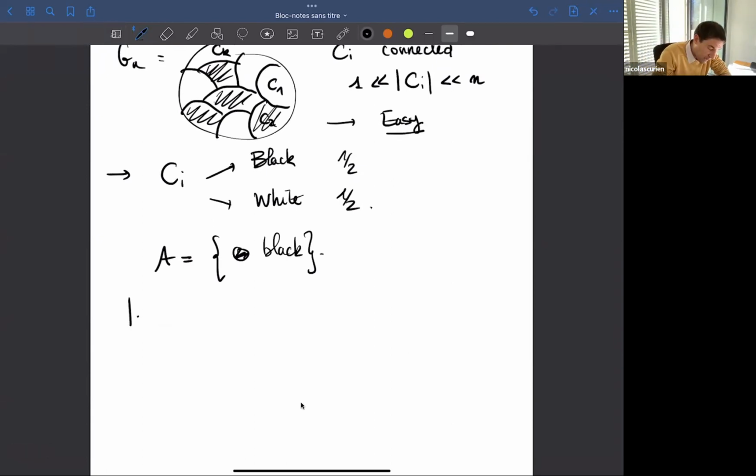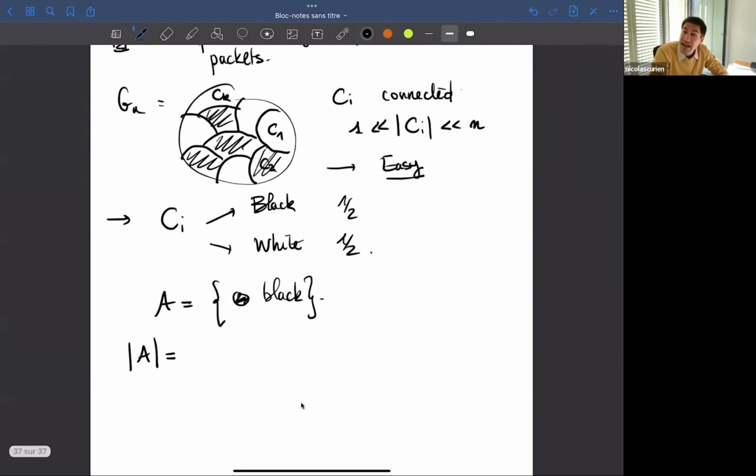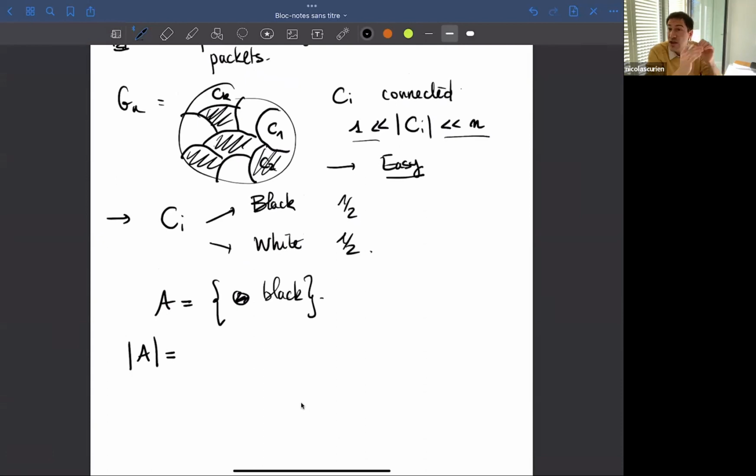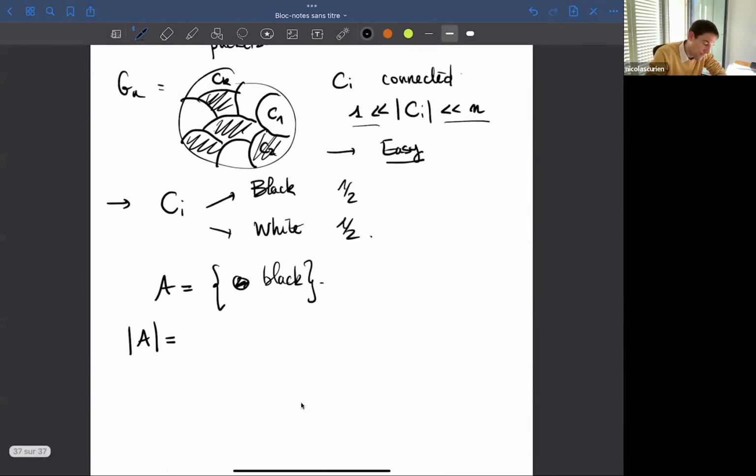What is the size of A? Well, you have many packets. Each packet is large but small compared to n, and you color them with probability 1/2 in black and 1/2 in white. So you should be convinced that roughly the size of A is the size of your graph divided by 2. So this is n/2.